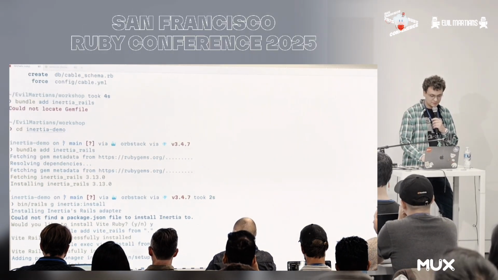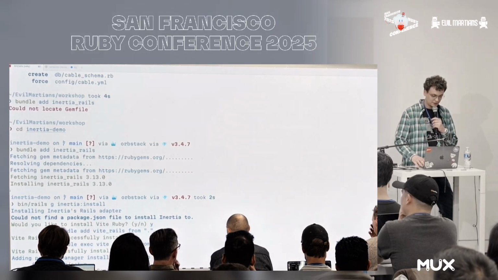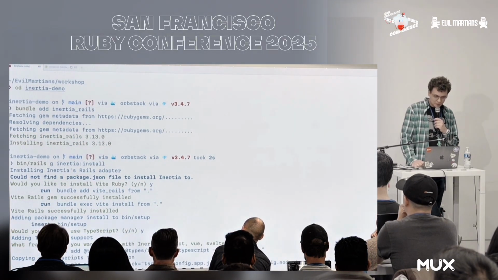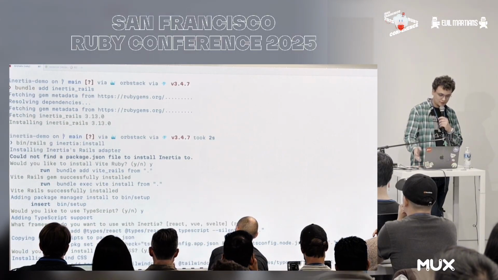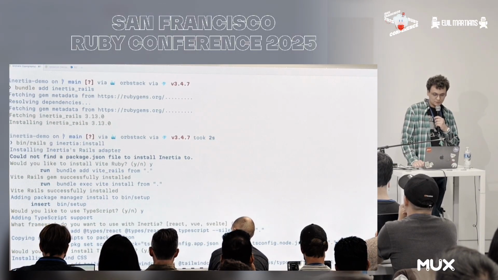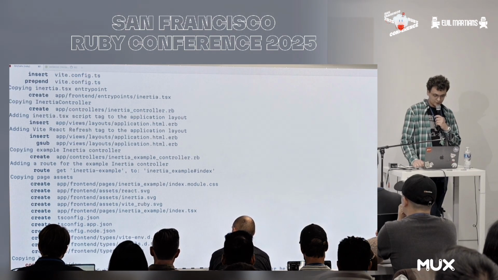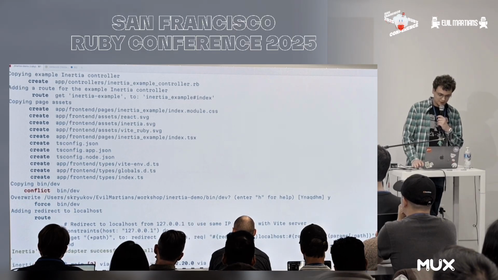Then we will use TypeScript because I love TypeScript. I don't care. And use React. Also, Tailwind is there by default, so let's use it as well. And that's basically it.